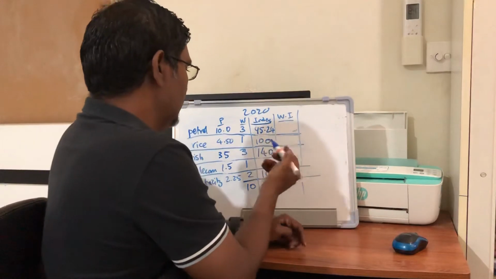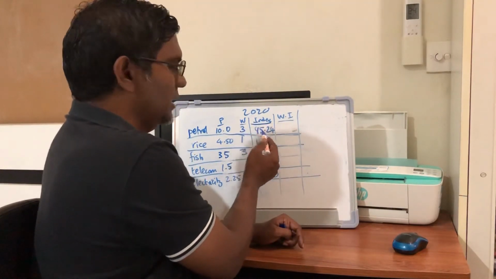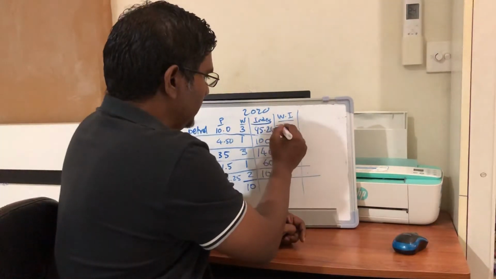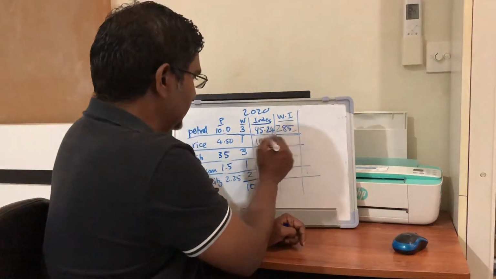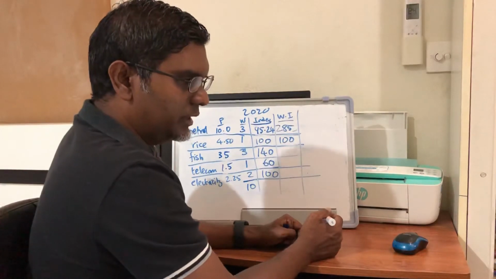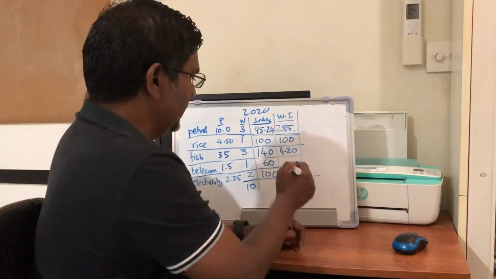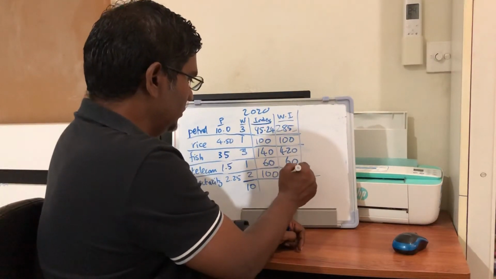So again, we calculate the weighted index by multiplying the weight times the index. So here it will be 285, and then 100 times 100, and 140 times 3, 420, 60 times 1, 60, and 200.